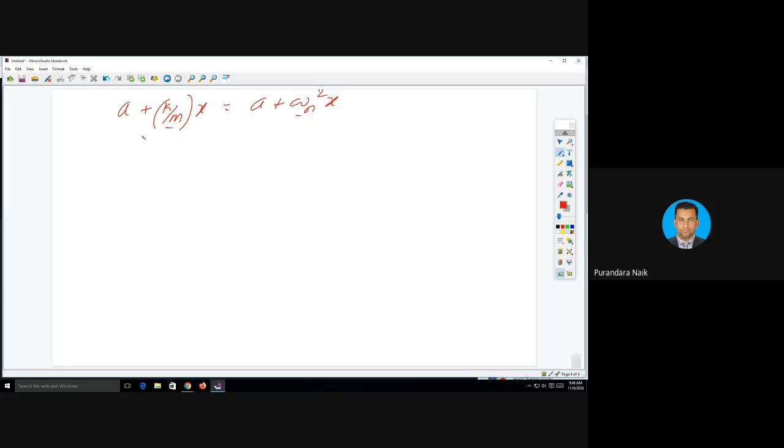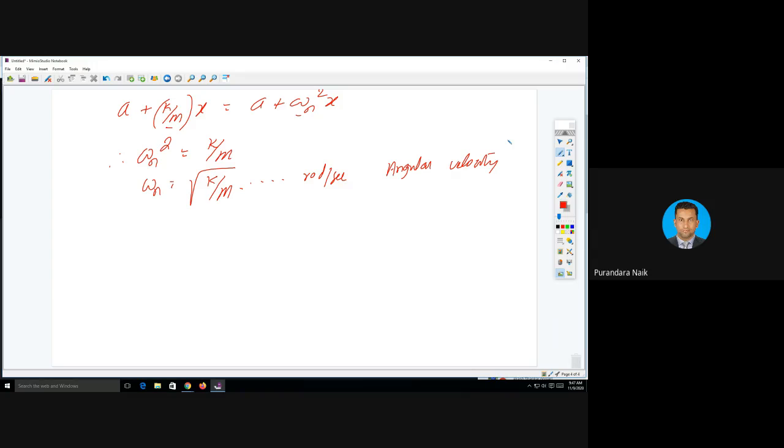So omega n square is equal to k by m. Therefore omega n is equal to the square root of k by m. This is the angular velocity equation, in radians per second.